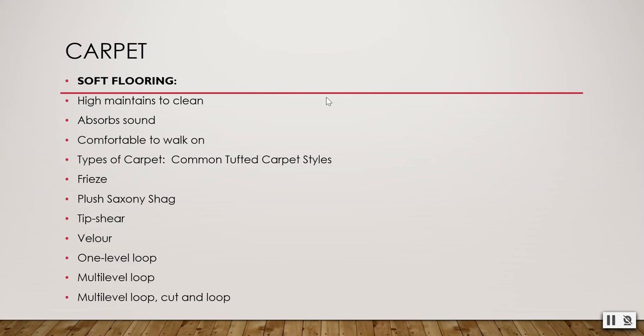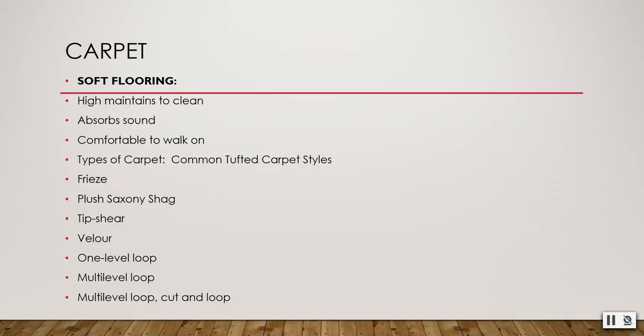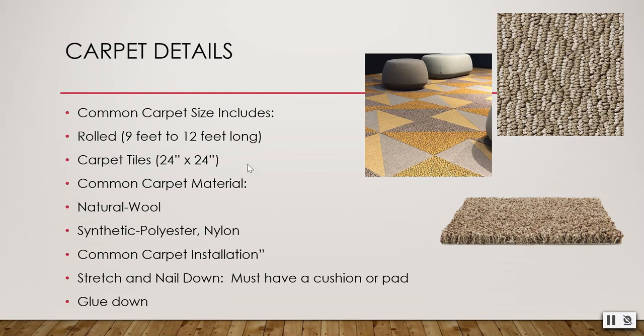These are all the different types of carpet that you can find. You'll find even in your own home right now, I am looking at a carpet that is very carved. It has a mixture of a cut pile and a level loop to create a design. So carpet can be done in so many different innovative ways, and that's a big trend right now, is to change it up. So let's take a look at this.